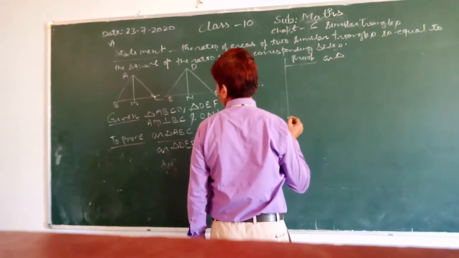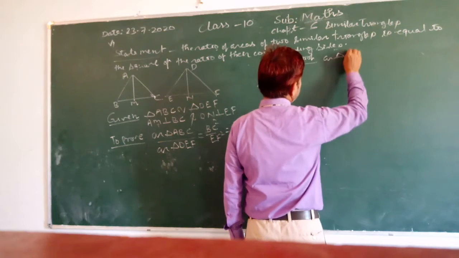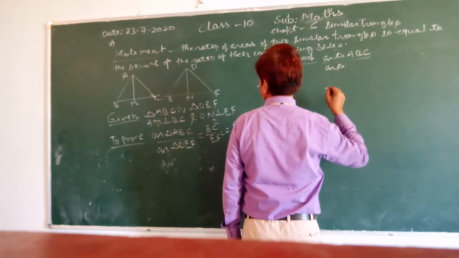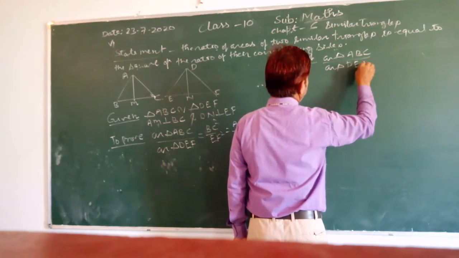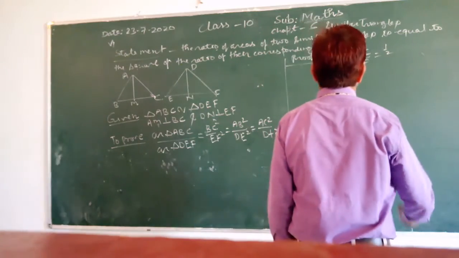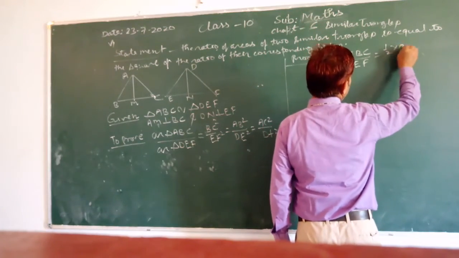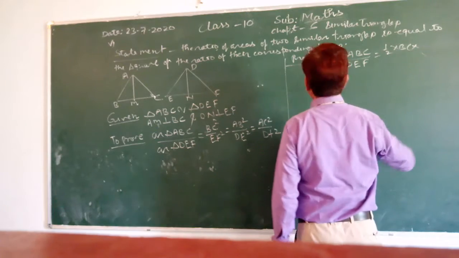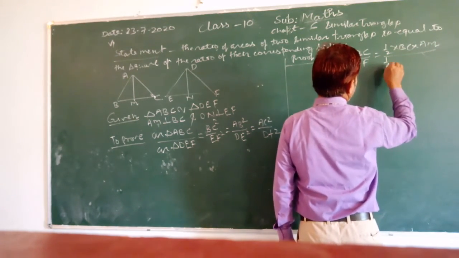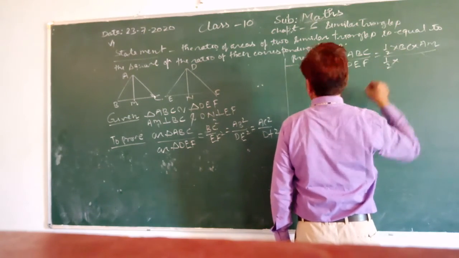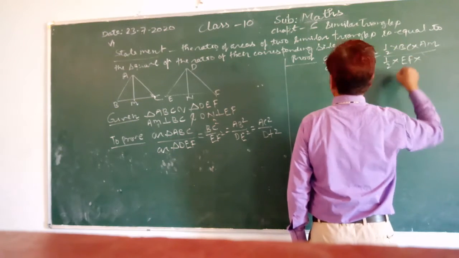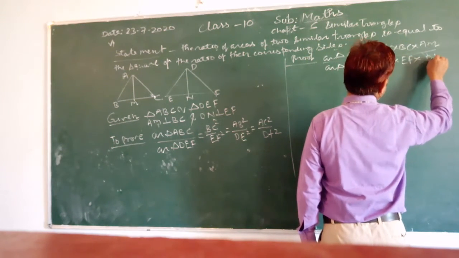Area of triangle ABC upon area of triangle DEF is equal to 1 upon 2 base BC into altitude AM upon 1 upon 2 base EF into altitude DN.